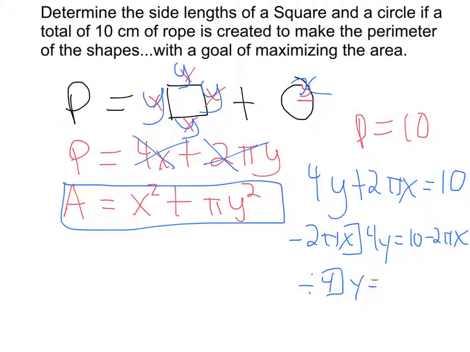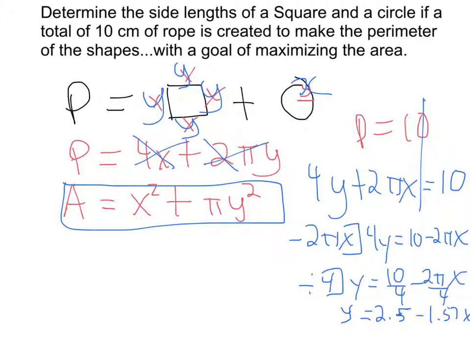And y will equal 10 divided by 4 minus 2 pi x over 4. And then what I'm going to do after that is to simplify that. So y will equal 2.5 minus 1.57x.